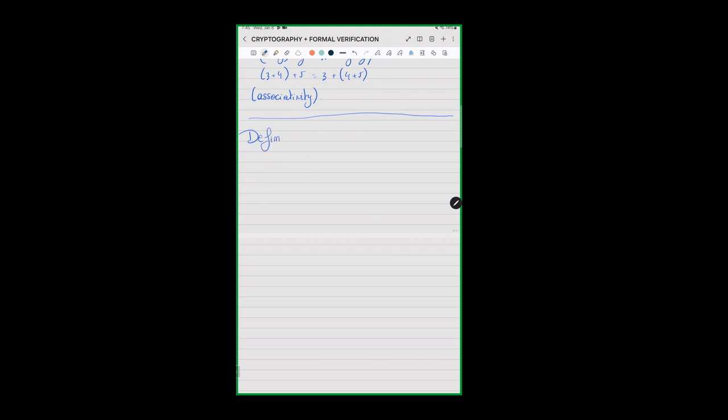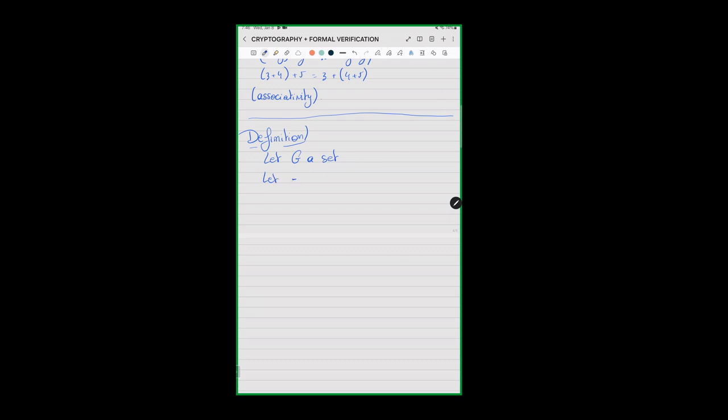So we're going to define what a group is. So we just take like S, or let's say G. Let G be a set. And let's take a certain operation that we're going to call plus in our case.